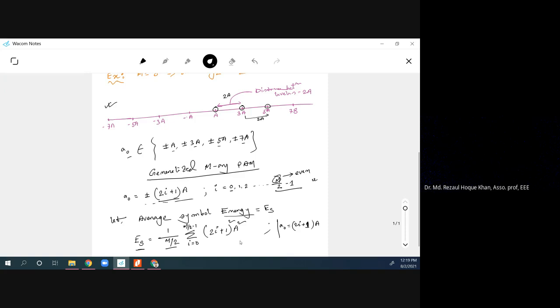We can write here, as a note, that by symmetry plus A and minus A, for example, will have the same energy.